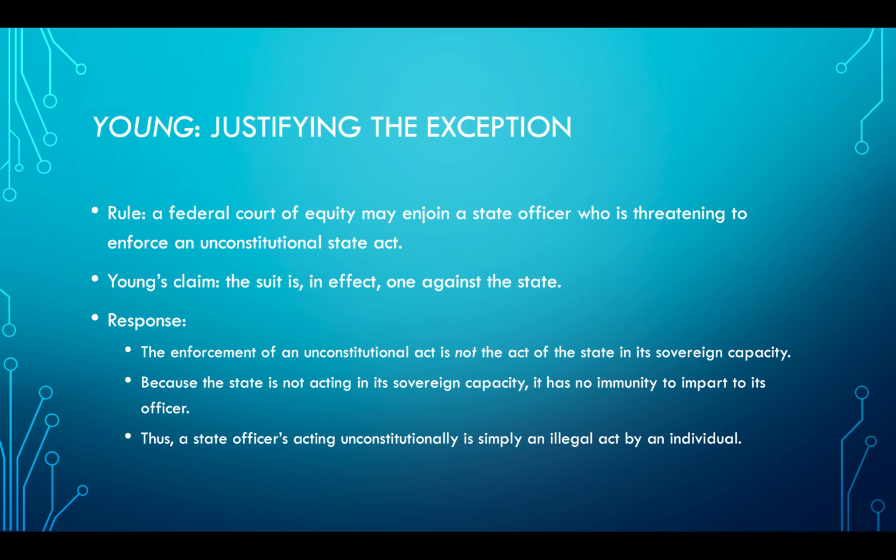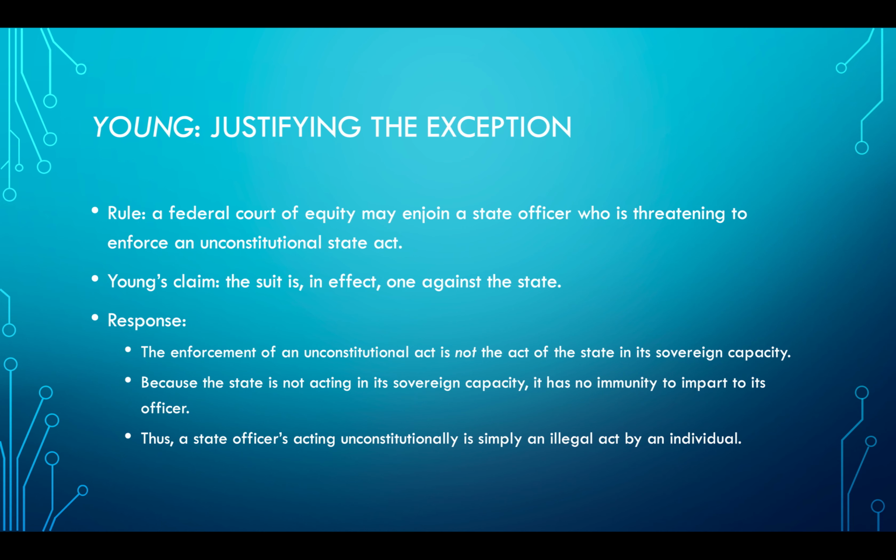Right? So let's look at how the court applies this more concretely in the cases that we have here, namely Edelman versus Jordan and then the Pennhurst case. Now, in both of these cases, the court will rule against Ex parte Young being a valid exception given the facts of the case. So let's make sure that we understand why.